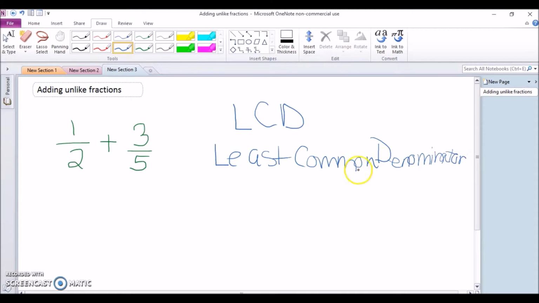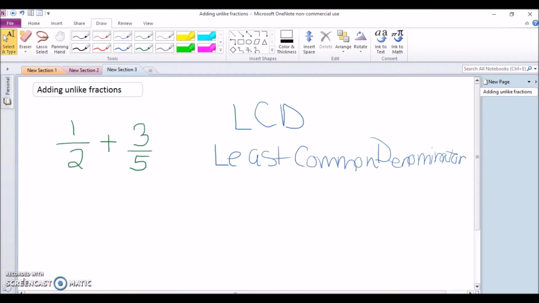Sorry, my handwriting's so bad. So in order to find the least common denominator, we have to look at the 2 and the 5 and think to ourselves, are there common factors between the two numbers that will give us a similar product, but not just any similar product, a product that is the lowest product possible.